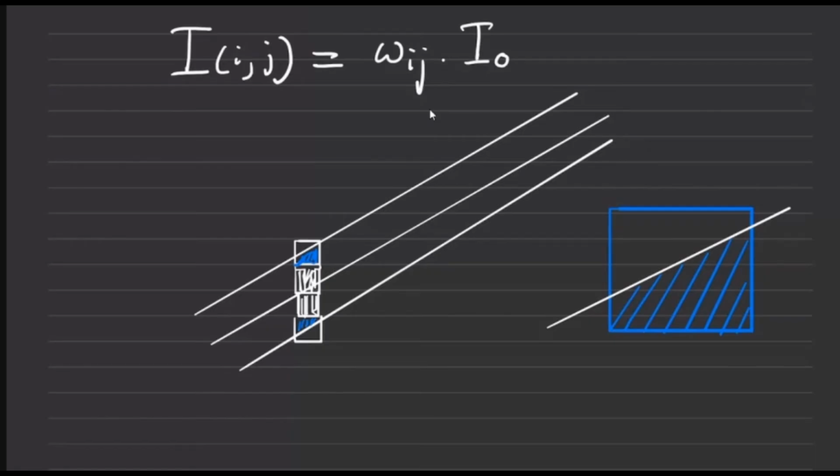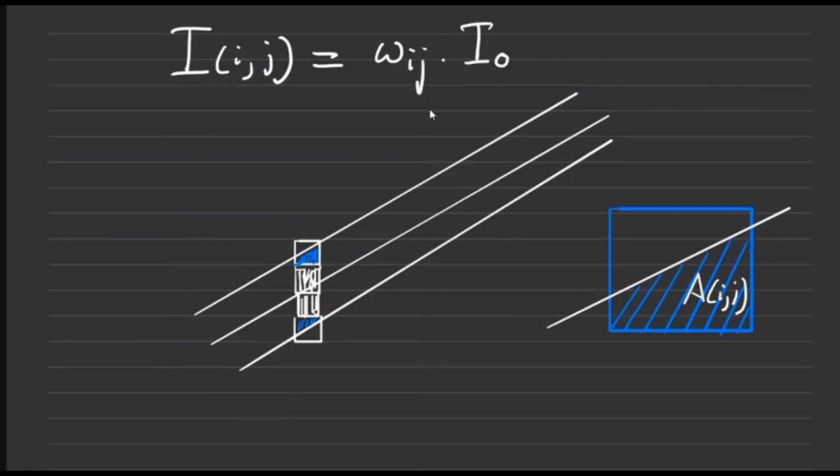this is my area. I will call this area A of i comma j.